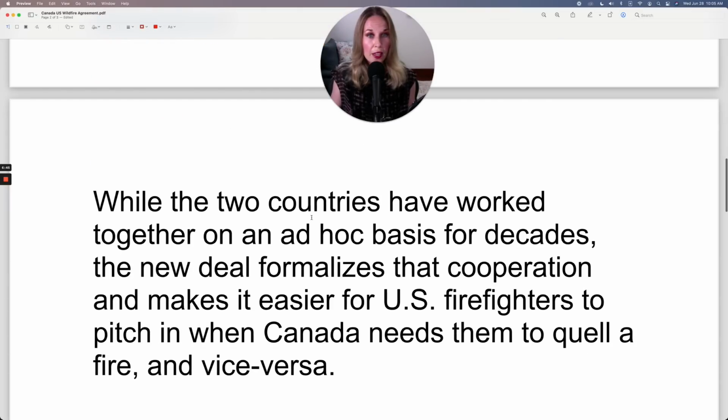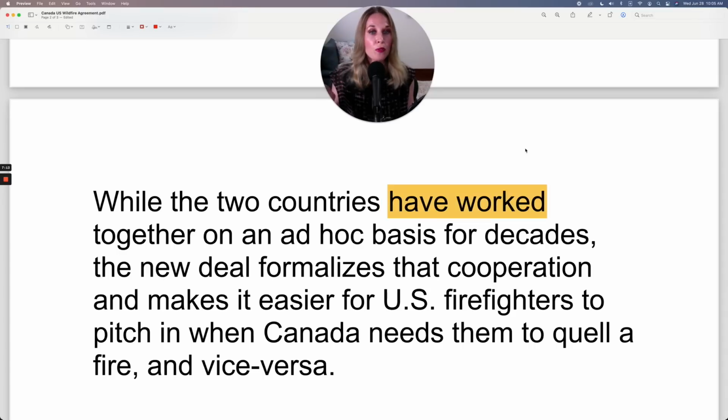While the two countries have worked together on an ad hoc basis for decades. First of all, you should always be looking at your time references in a sentence to understand what verb tense you need. So here we have for decades. What verb tense is needed? This should be easy because the time reference is right there. The present perfect.